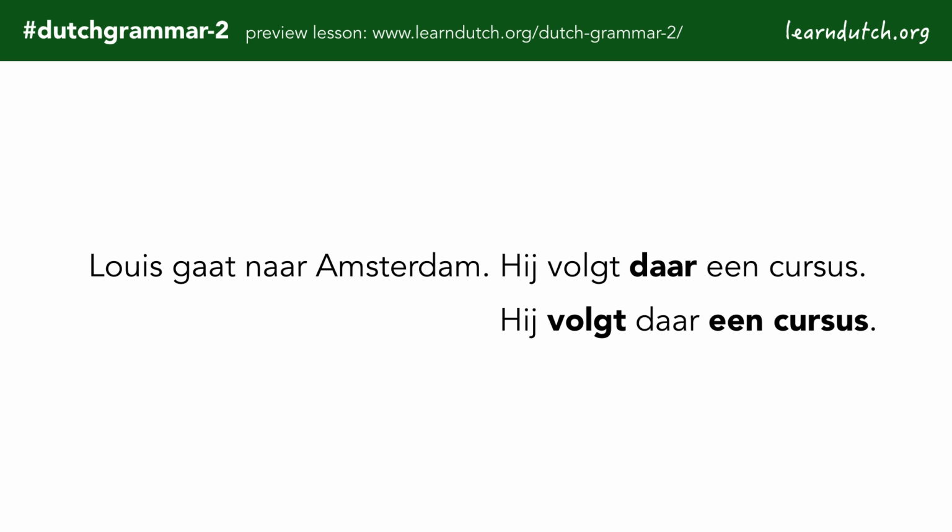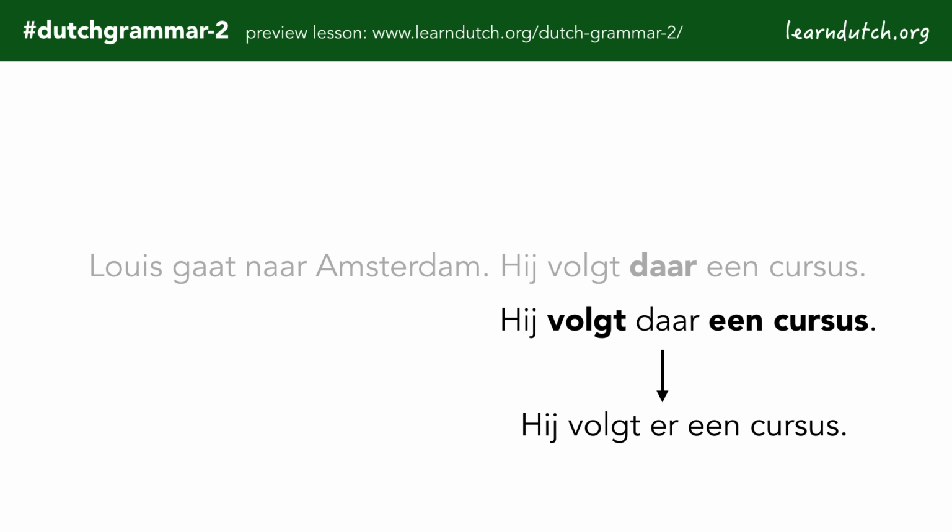Listen one more time. Hij volgt daar een cursus. Or, hij volgt daar een cursus. Only in the second case you can replace daar by er, when it is unstressed. Hij volgt er een cursus.